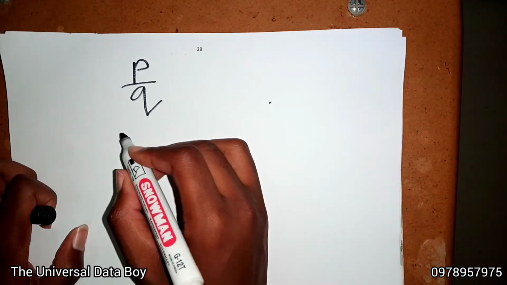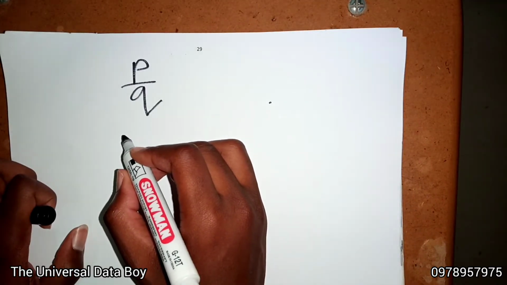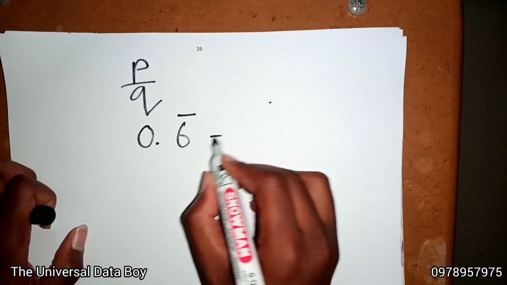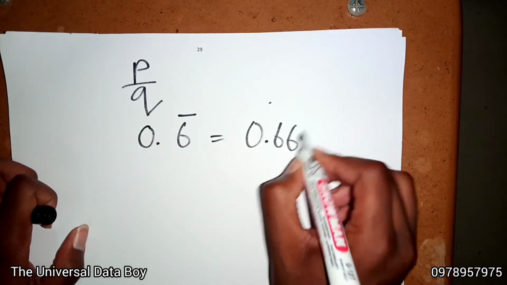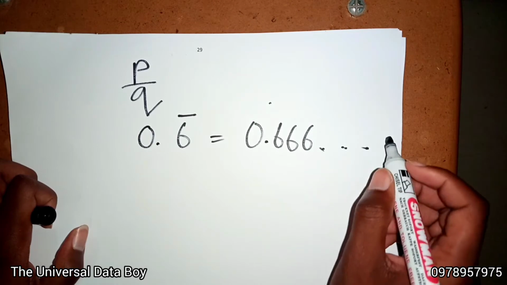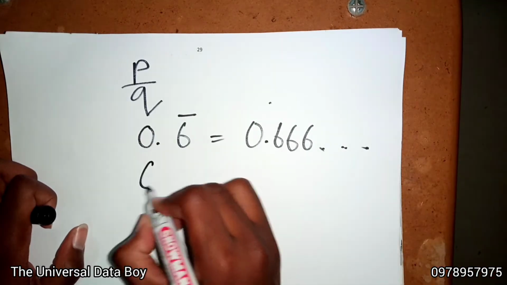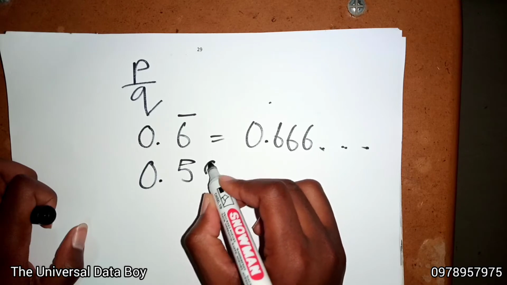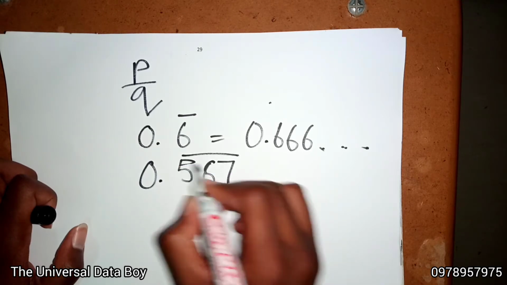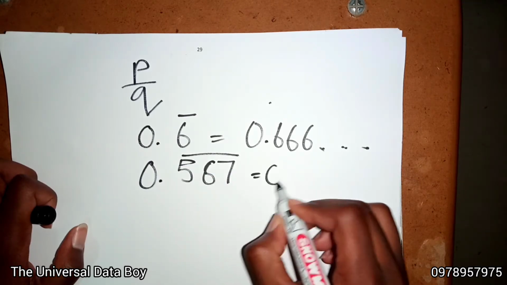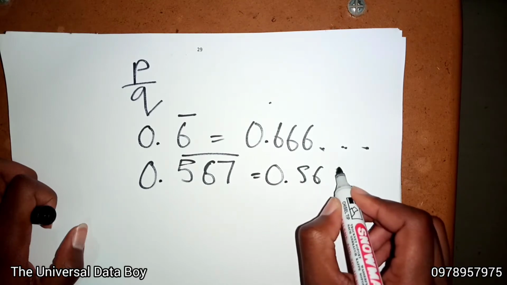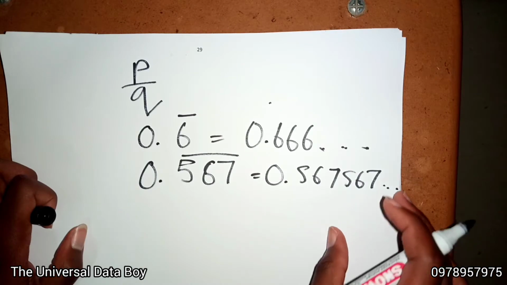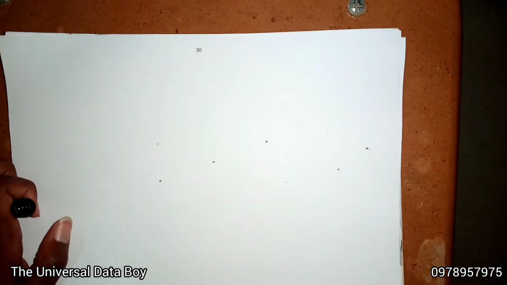They can be something like 0.6 repeated, which is the same as 0.666 repeated. You can have things like 0.567 repeated, which is the same as 0.5676567, just like that. Now how we go about this, there are steps that we use.